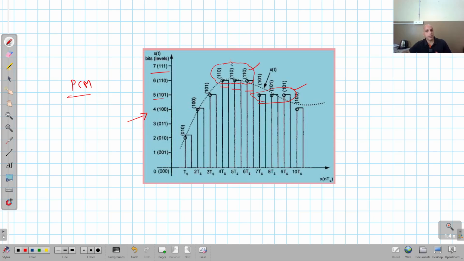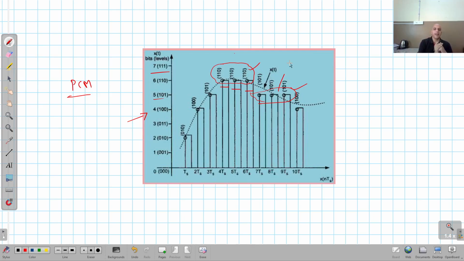Instead we can send just 3 bits, and that will serve the purpose. So this is a major problem with PCM: redundant information, and the other problem I discussed, noise and distortion. All these lead to the requirement of high bandwidth and high bit rate.